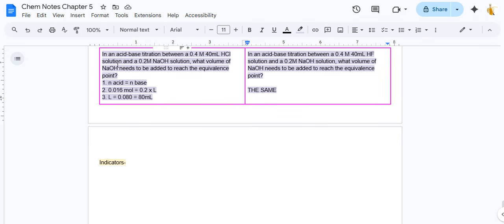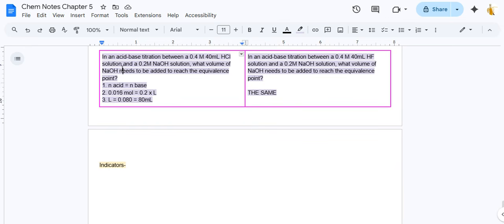So now the third type of question that can be asked for acid-base titrations is about the equivalence point. So in an acid-base titration between a 0.4 molarity acid, 40 mL, and NaOH, what volume of NaOH needs to be added to reach the equivalence point?